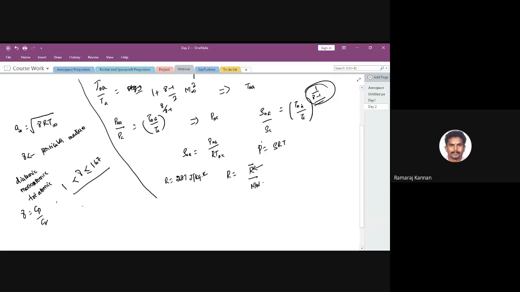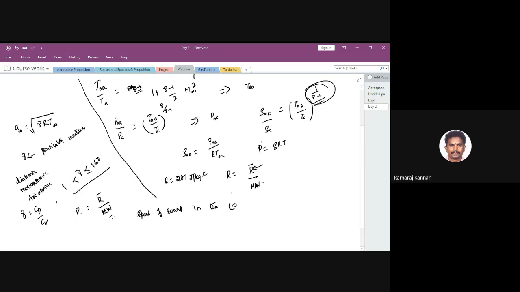Depending on the medium, your R value will differ. R bar is the universal gas constant, but the molecular weight is different for each medium, so you have to substitute the molecular weight of the particular medium and calculate. Sometimes in the GATE examination they will ask for the speed of sound in a CO2 medium.